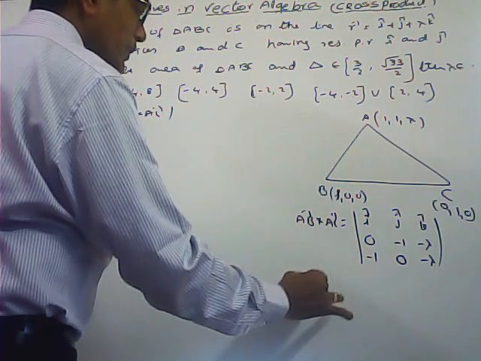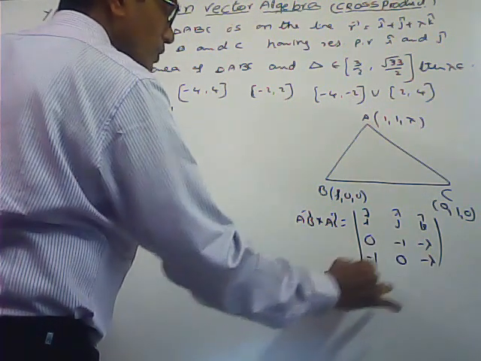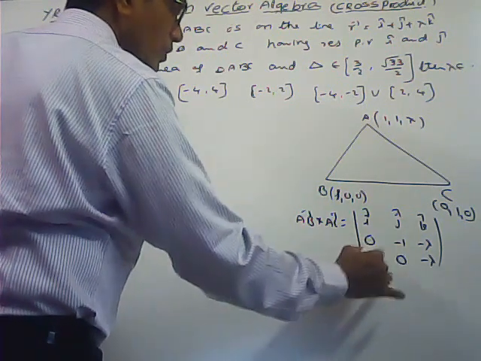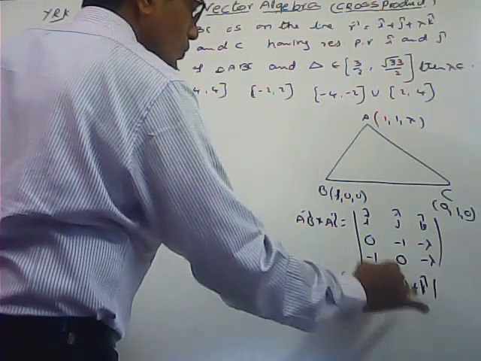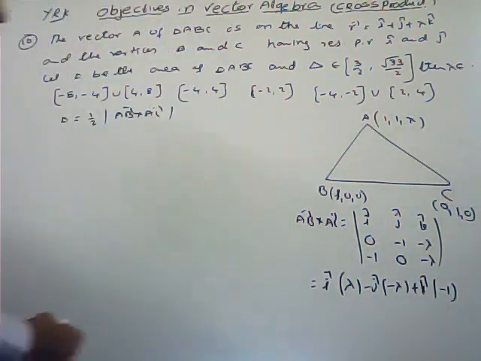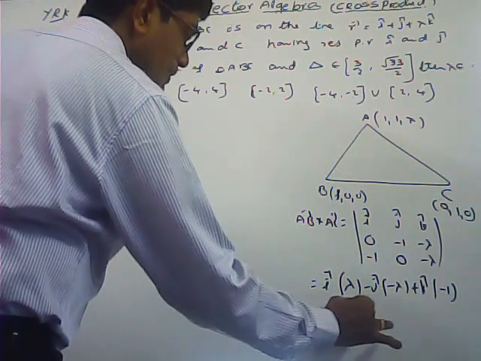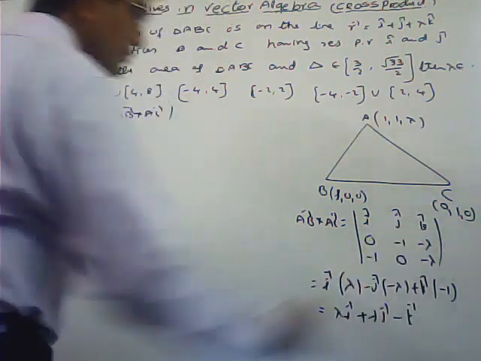And if I expand this, i cap into lambda, minus j cap into minus lambda, plus k cap into minus 1. So lambda i cap plus lambda j cap minus k cap.